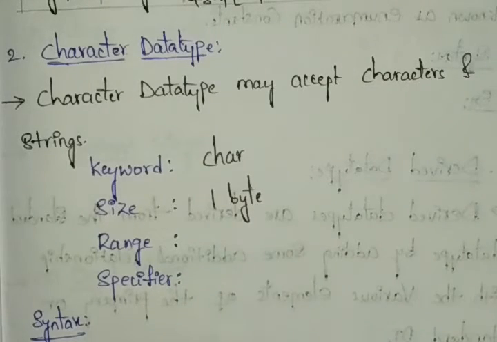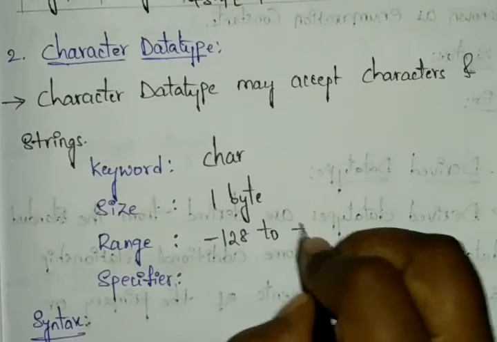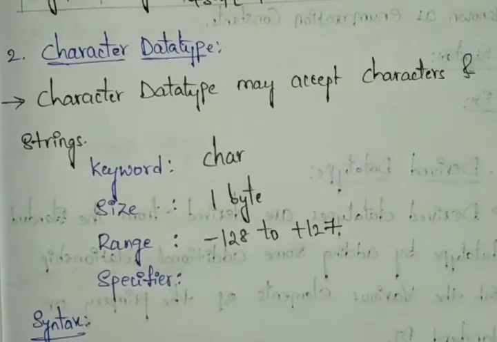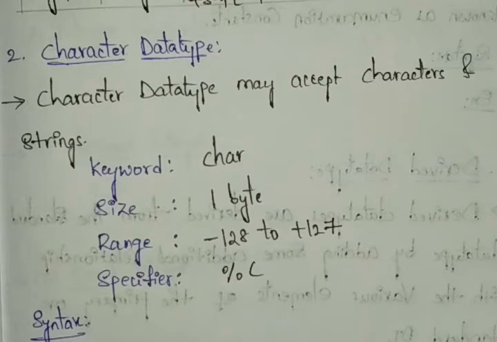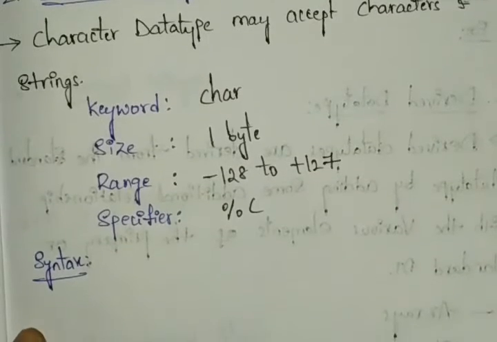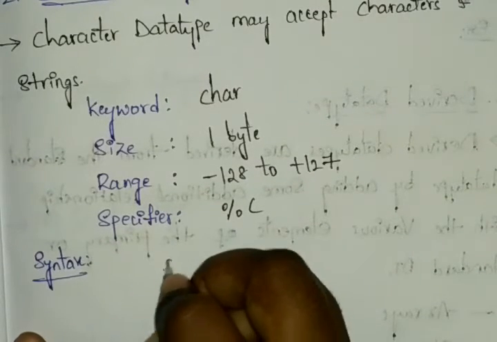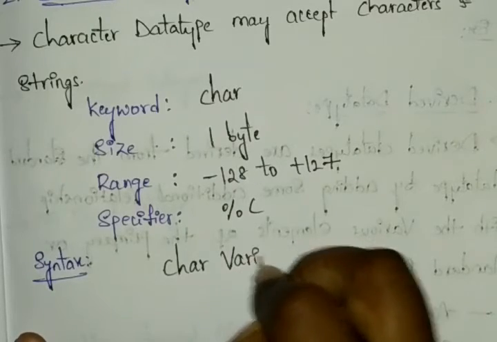And the range is minus 128 to plus 127. Okay, and the specifier is percentile C. If you are writing the syntax for the character data type, it will have char and the variable name.